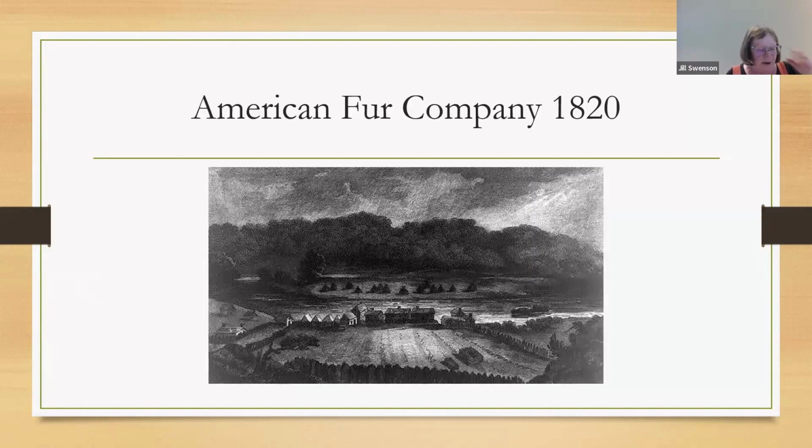This is an etching of the Hudson Bay, or of the American Fur Company. The Hudson Bay Company had gotten a little mean with some of their fur traders as the Métis population had become more dominant. And the Métis are those who had, the Scottish who had married Ojibwe women.